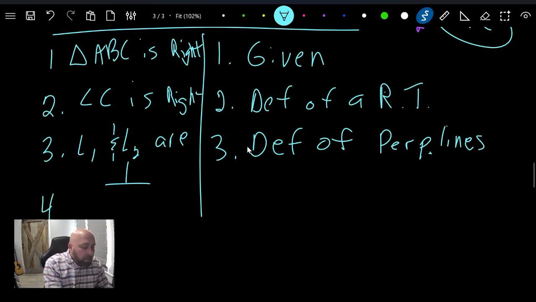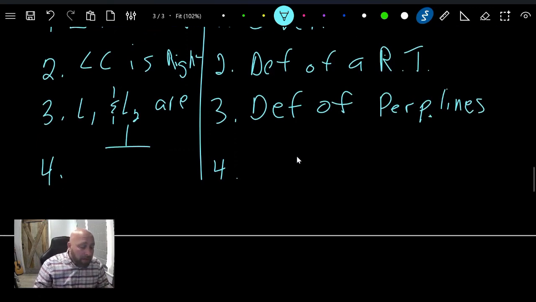So number 4, you're probably going to say something like, what is an altitude? Okay, so if we could say that an altitude basically has to be a perpendicular line, then we can get to the fact that our second leg is an altitude.